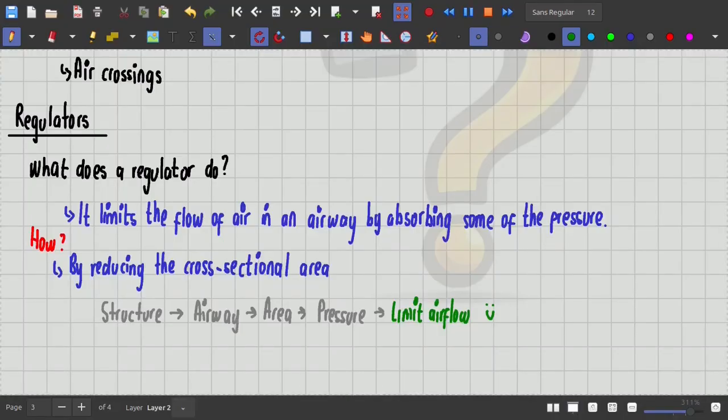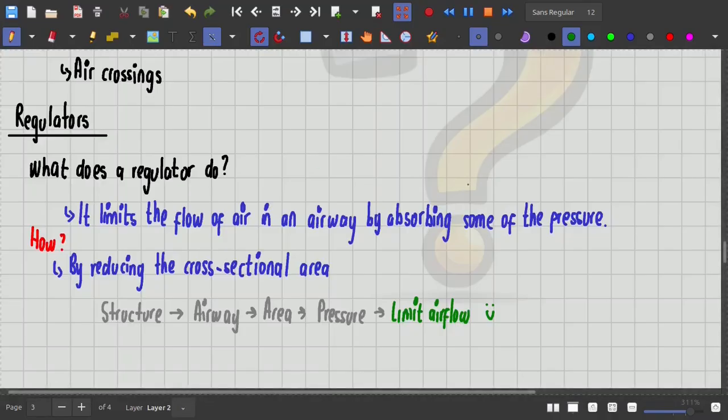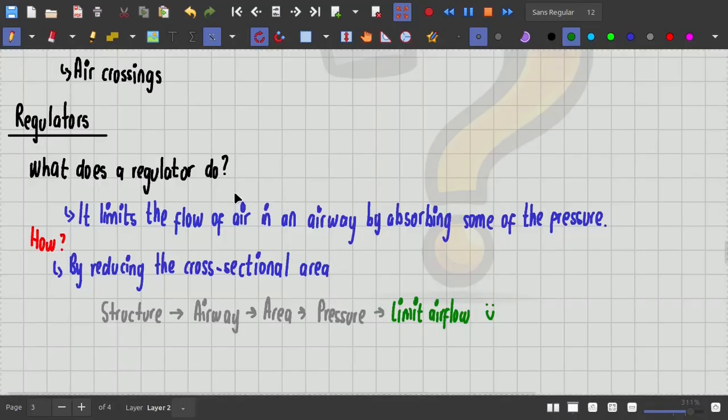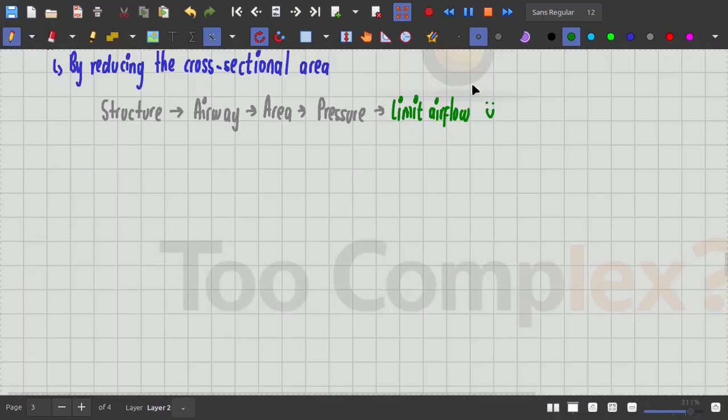As far as calculations are concerned, there isn't much content to discuss. However, what we need to know are the following equations.